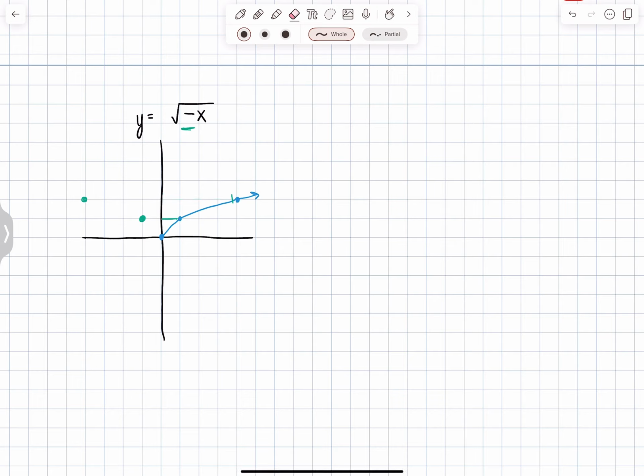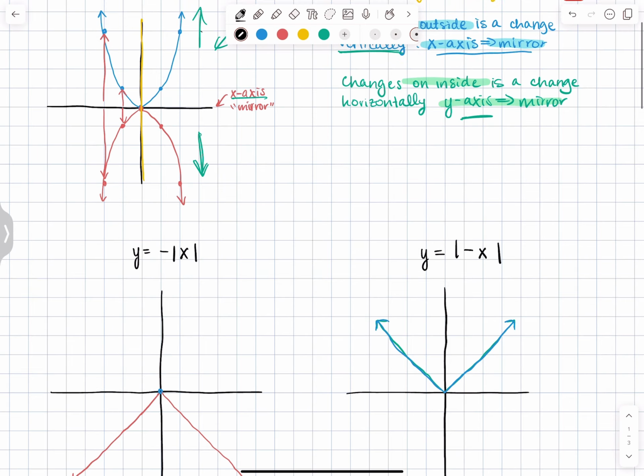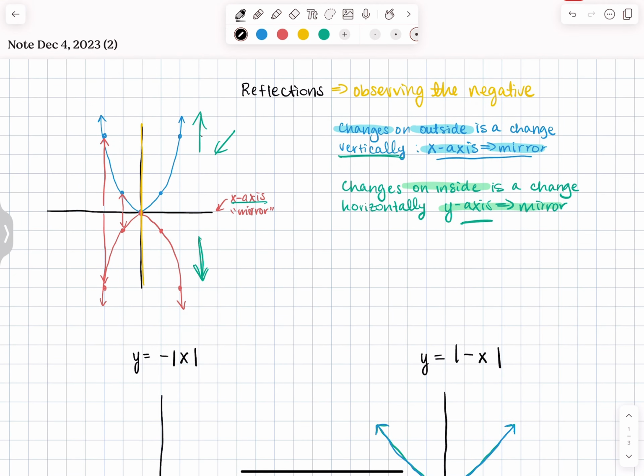Then all you're going to do is draw your line. It's not perfect, but you can see that this is a reflection over the y-axis. So that's basically what reflections are. Just make sure you're observing where the negative is. If it's on the outside, you're going to have a change that is vertical over the x-axis. And if you have the negative on the inside, you're going to have a change that is horizontal over the y-axis.